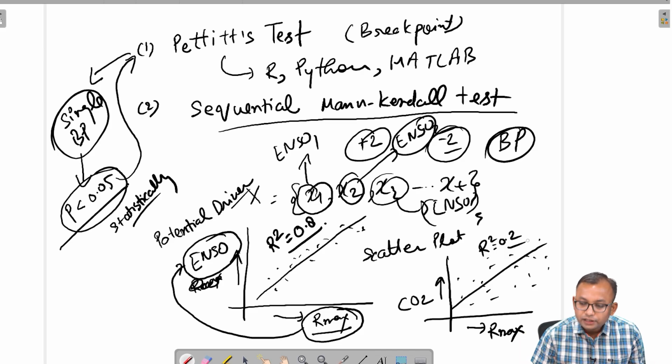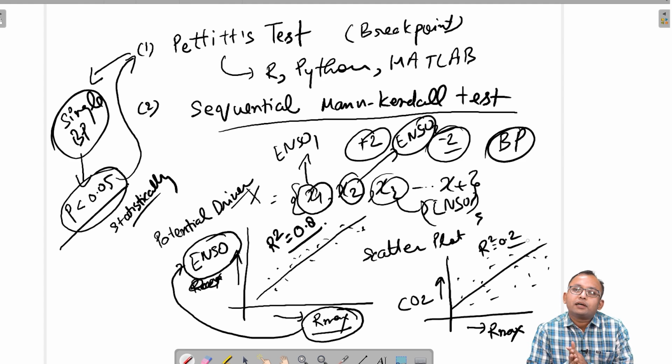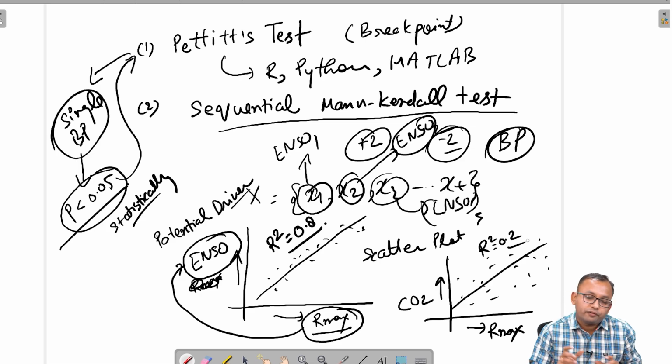So this is how we can correlate different processes with each other, find out their correlation, and then confirm whether a particular process or hypothesis which we are thinking about can explain the variability in your data set and can be considered as a potential driver for your data set.